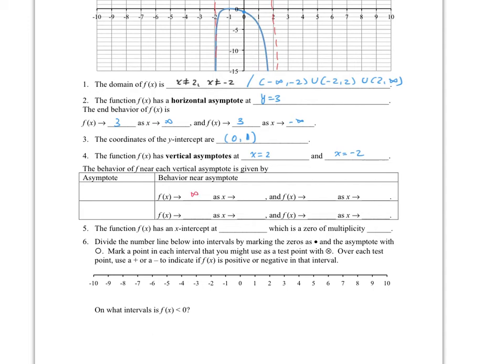So f of x goes to infinity as x approaches 2 from the right side, and f of x goes to minus infinity as x approaches 2 from the left side.